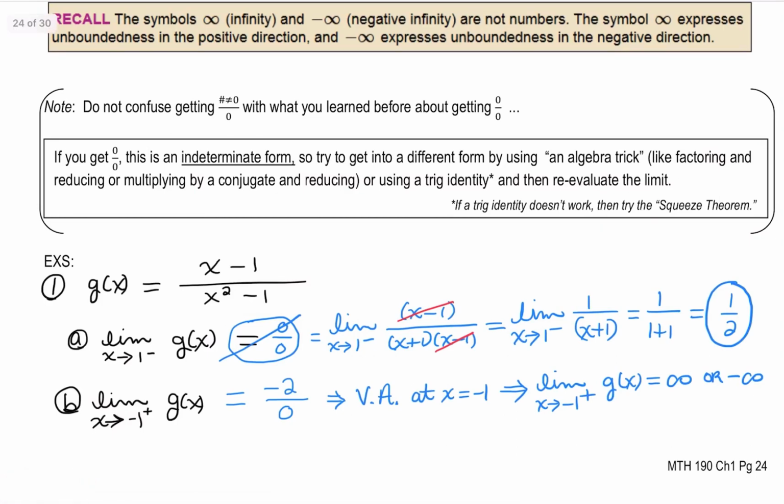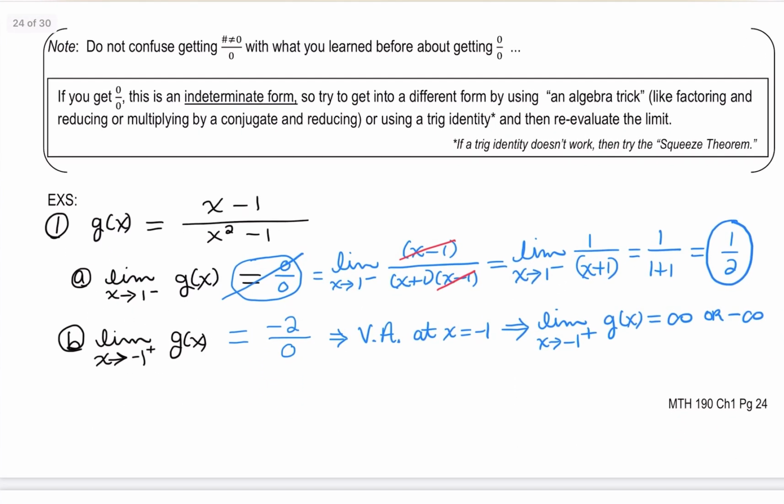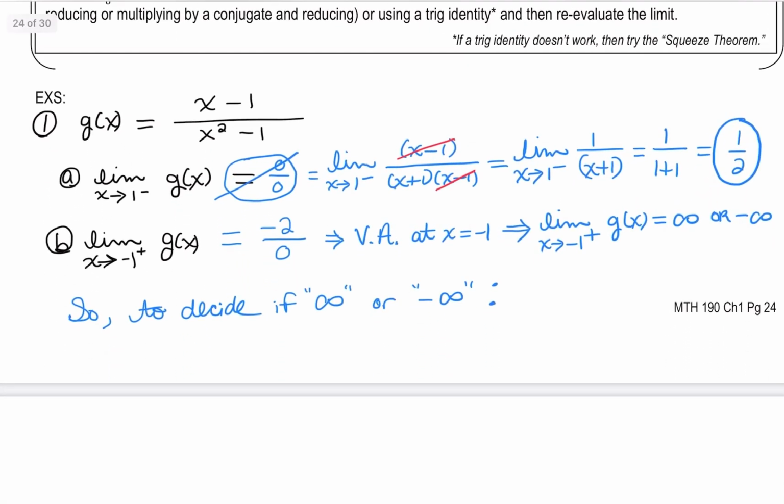Okay, so to decide if the limit is going to be infinity or negative infinity, there are two different approaches that I would be okay with.